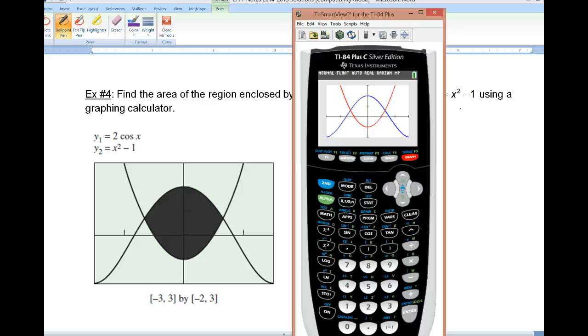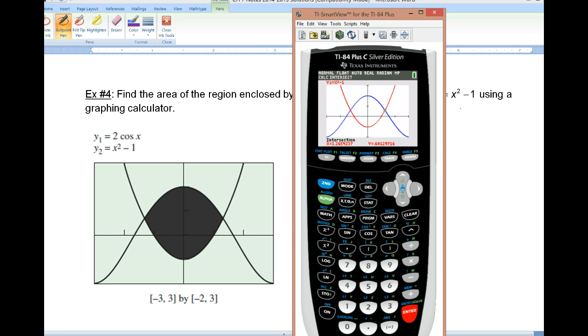All right, so how do we figure out the intersections? Second Calc, or second trace, and we want to find the intersection. Does it really matter which one we find first? No, since these are symmetric.